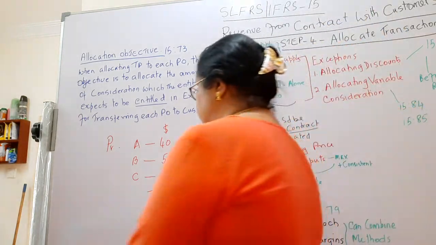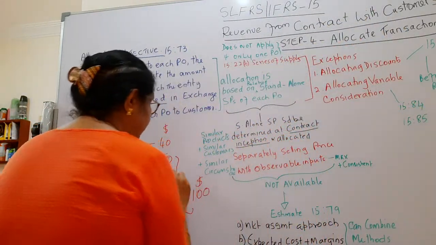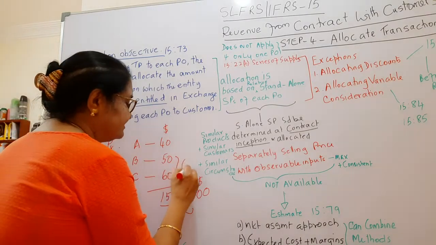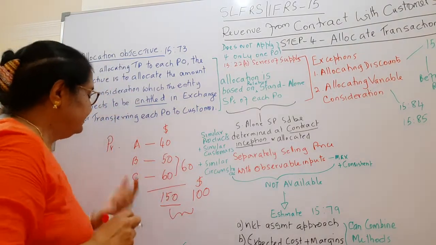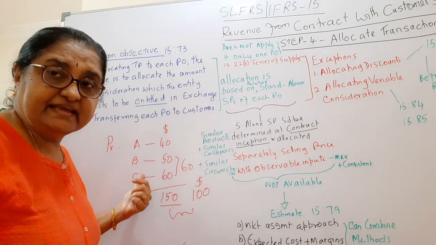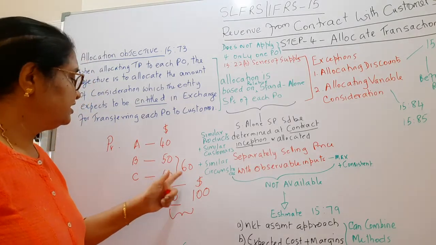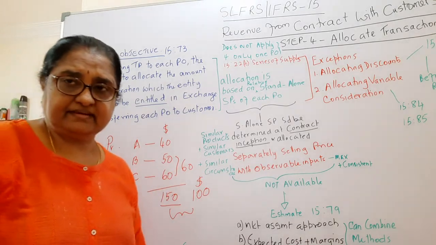Then say the customer is going to buy these two products, B and C, as a package, at 60.